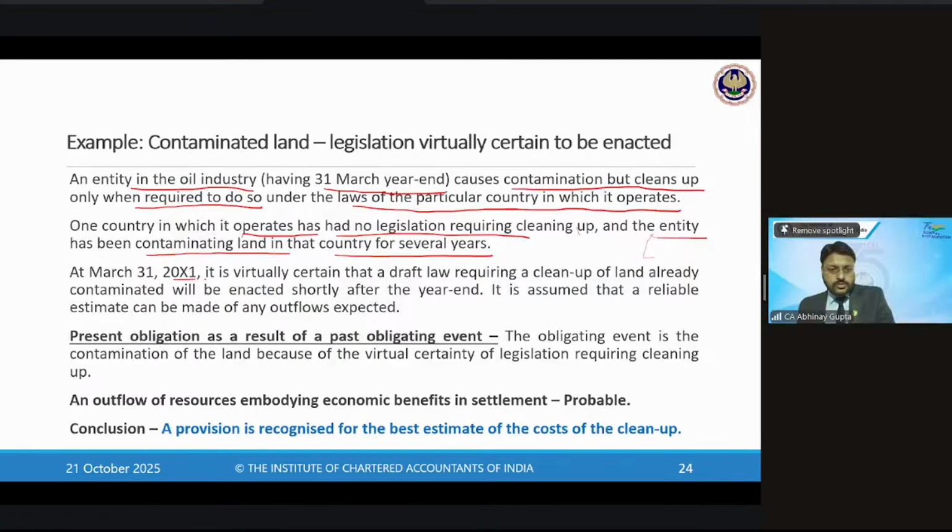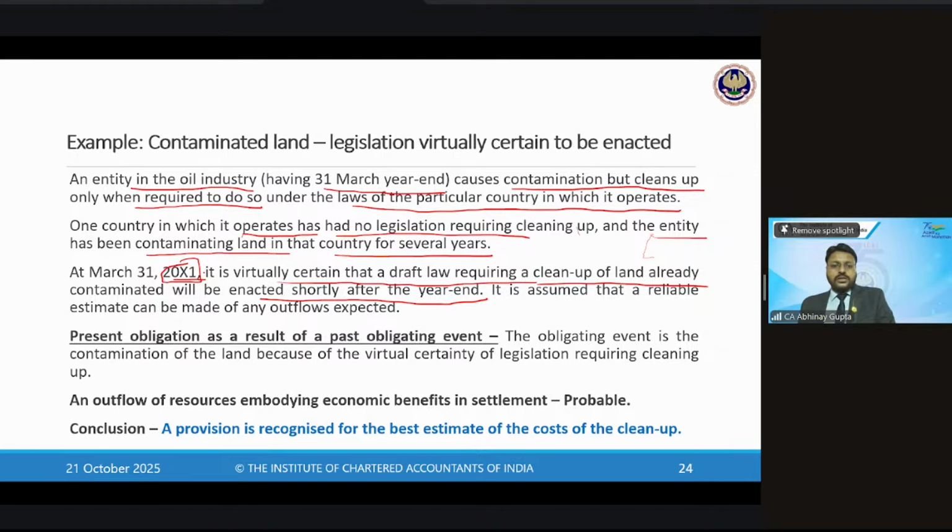As at 31st March 2001, it is virtually certain that a draft new law requiring a cleanup of land already contaminated will be enacted shortly after the year end. So, the company is preparing the financials for 31st March 2001, and after the year end, the law will be enacted.